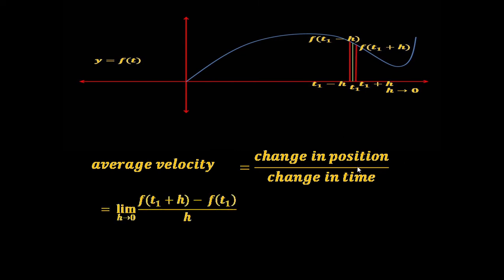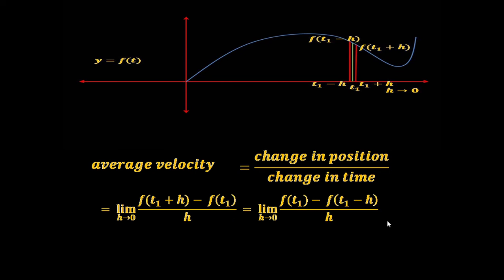Change in position can be written as f of t1 plus h minus f of t1, because this function f indicates the position. So this is the very small difference in the position. And change in time is t1 plus h minus t1, which ultimately gives us h.